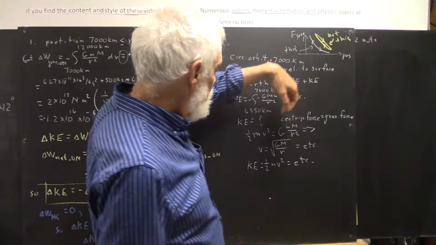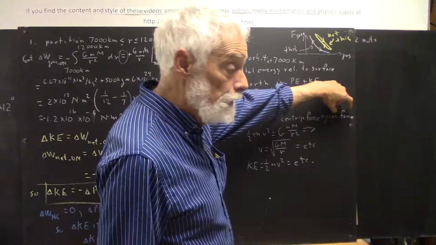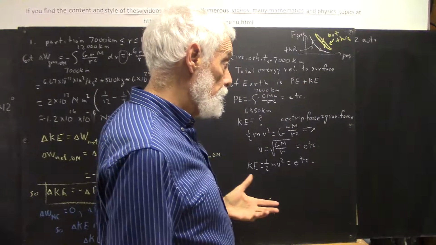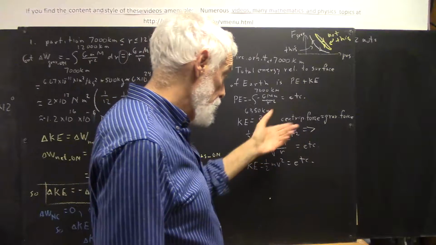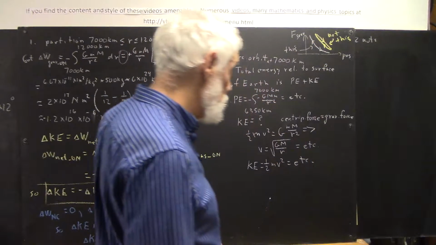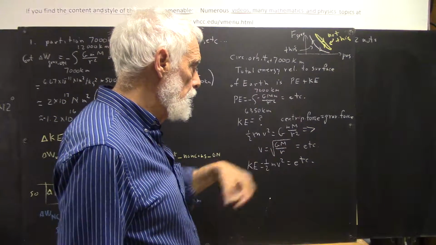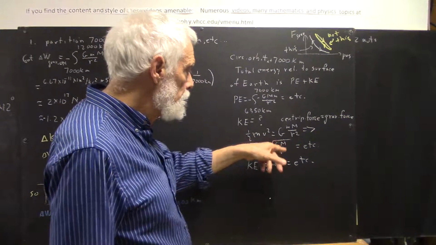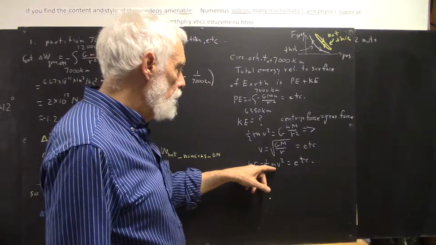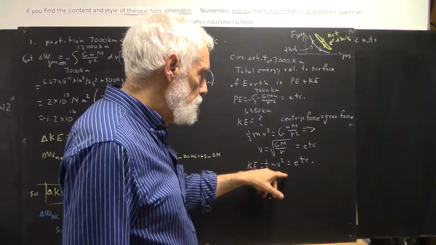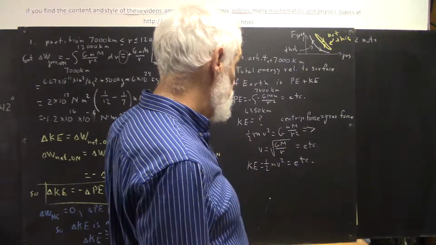The velocity of a circular orbit is governed by the fact that the centripetal force is equal to the gravitational force. Centripetal force is mv squared over r, gravitational force is what we have here, big G, little m, big M over r squared. We can solve that for v. We get v is the square root of big G, big M over r. v squared is this without the square root, and our 1/2 mv squared is then 1/2 m times big G, big M over little r.